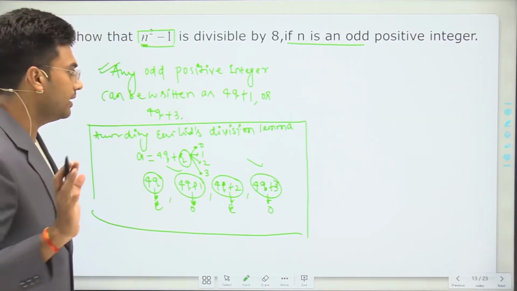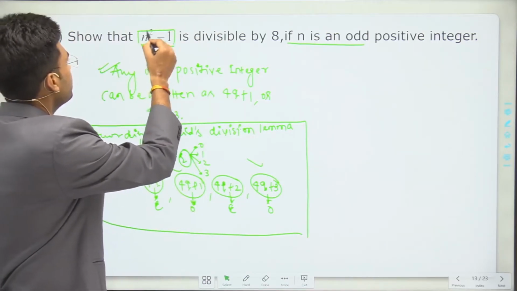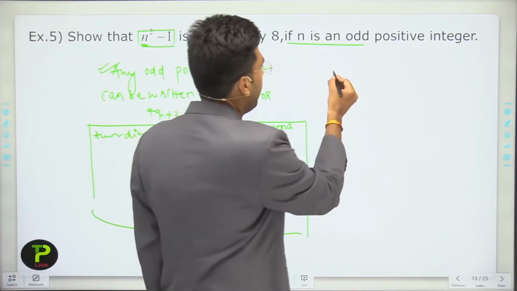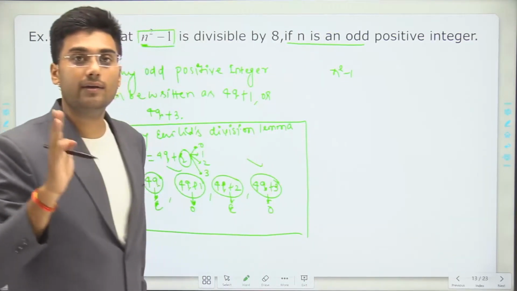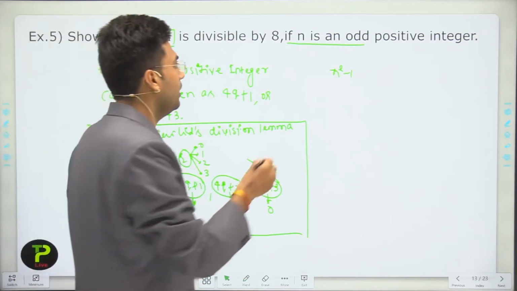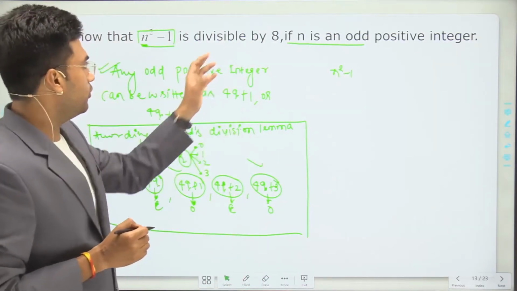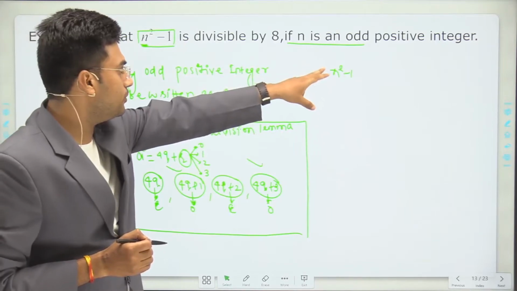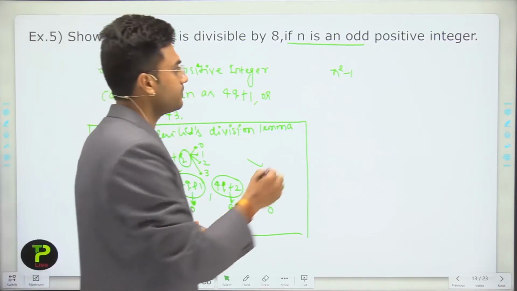Okay, now come to the question. The question is n² minus 1. Here n is an odd positive integer. So for n an odd positive integer, we have two forms. Let's check one by one.